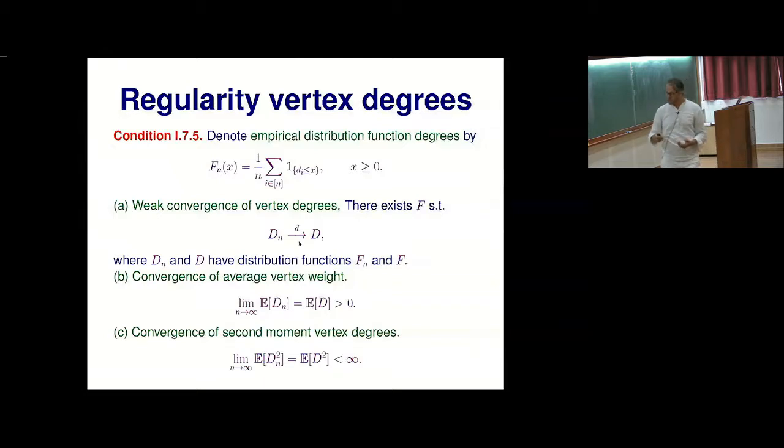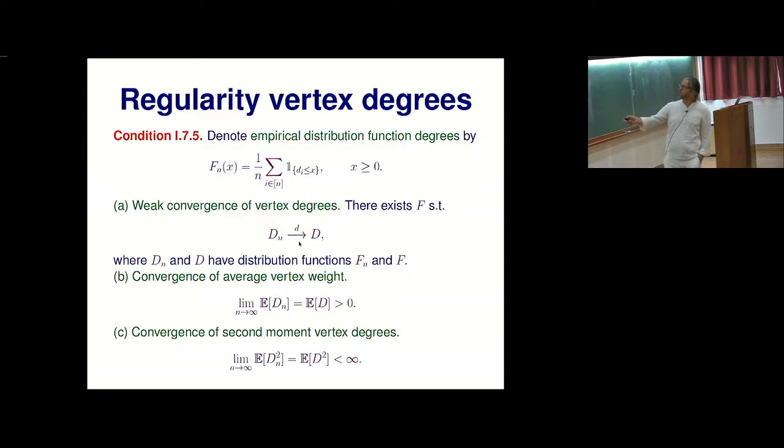What this means is that the empirical distribution function, which is defined here, is such that the random variable that has such a distribution function, in fact, that random variable is the degree of a uniformly chosen vertex, as you can easily see from here, converges in distribution to some limiting random variable. And then this limiting random variable really is the asymptotic degree distribution in your model. That's the way how you should think about it.